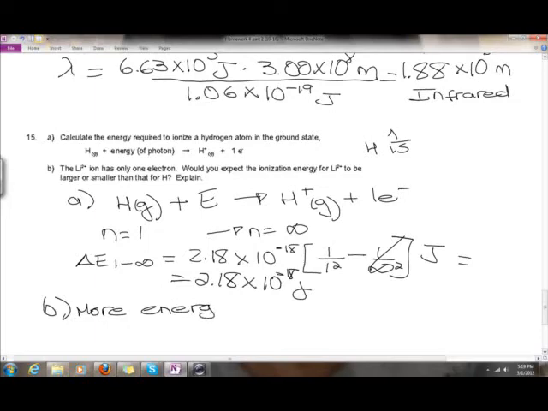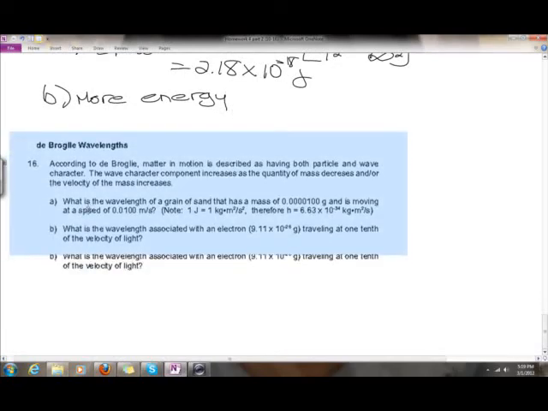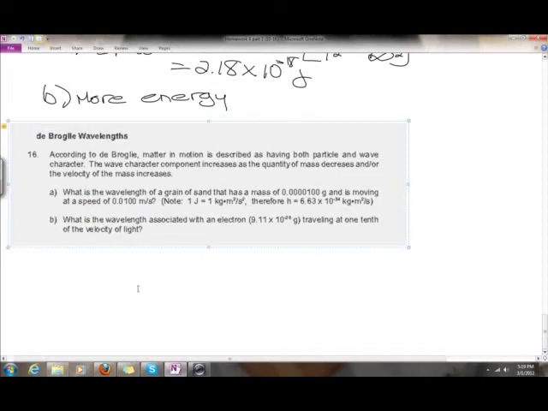And let's finally look at number 16, and it's the de Broglie wavelength. Remember, de Broglie put together the behavior of an electron as a particle and the wave character of an electron.